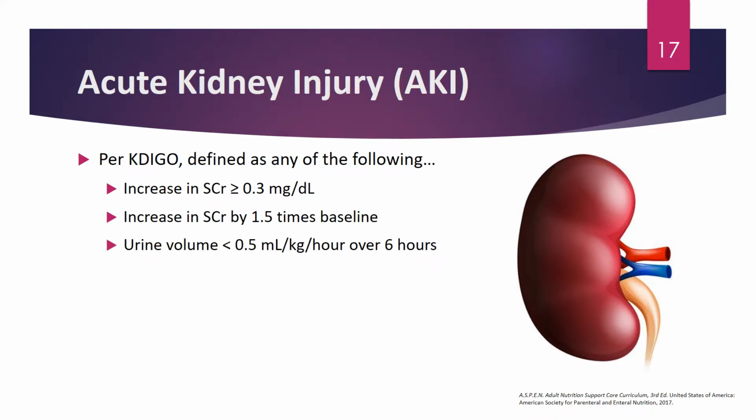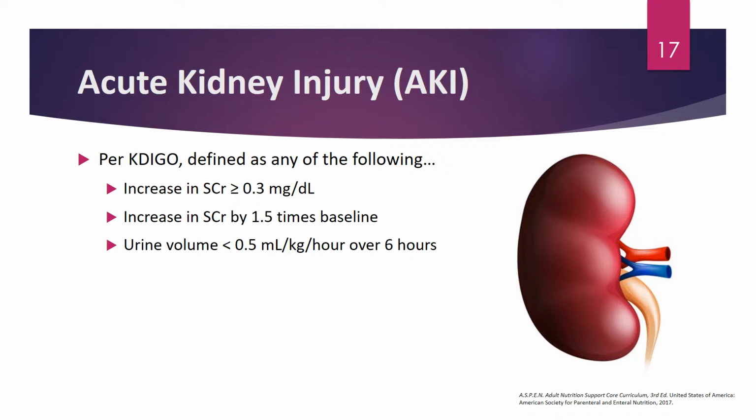Acute kidney injury, per KDIGO guidelines, is defined as any of the following. If your patient has an increase in serum creatinine of at least 0.3 compared to whatever their baseline is, or an increase in serum creatinine of greater than 1.5 times their baseline.